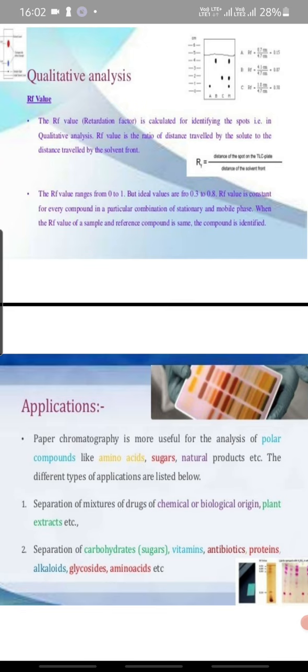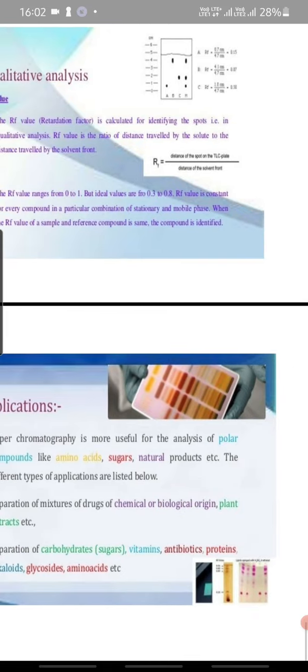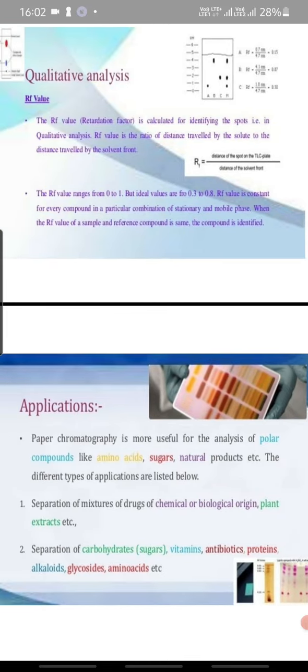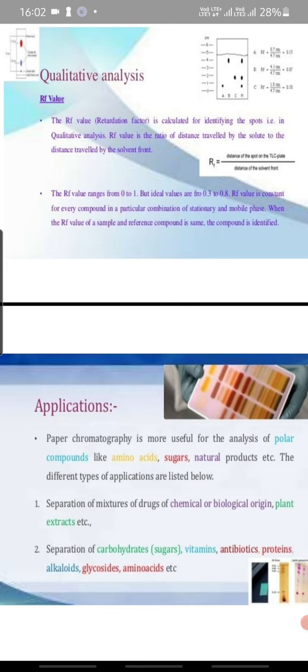Separations of mixtures of drugs, of chemical or biological origin, plant extracts, etc., as well as separations of carbohydrates, vitamins, antibiotics, proteins, alkaloids, glycosides, amino acids. TLC can be helpful for the separations of all these secondary metabolites as well as primary metabolites. Thank you.